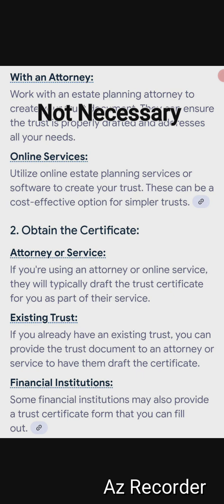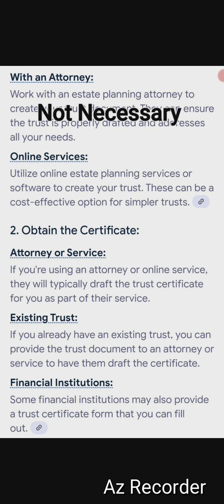Okay. Number 2, obtain the certificate, attorney or service. If you're using an attorney or online service, they will typically draft the trust certificate for you as part of their service. Existing trust. If you already have an existing trust, you can provide the trust document to an attorney or service to have them draft the certificate.